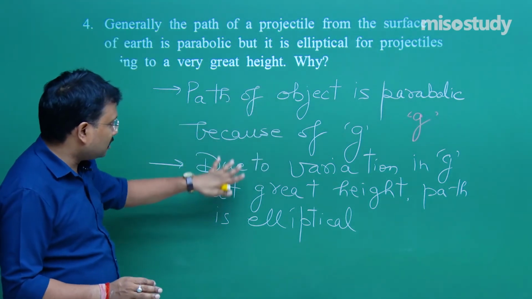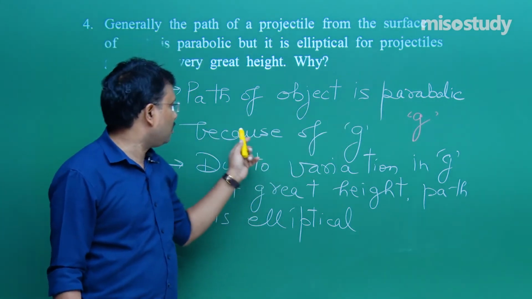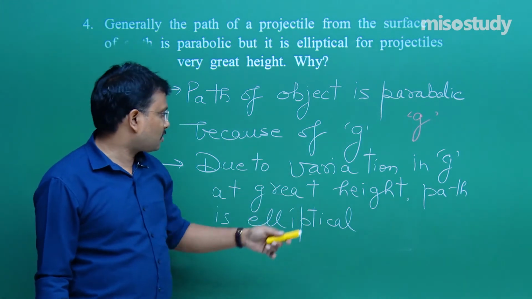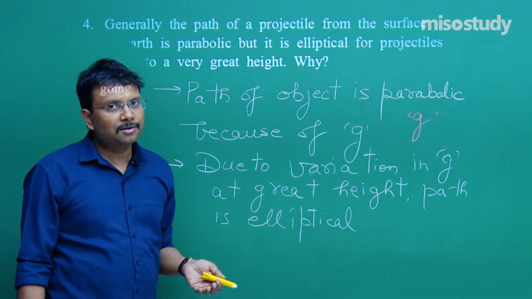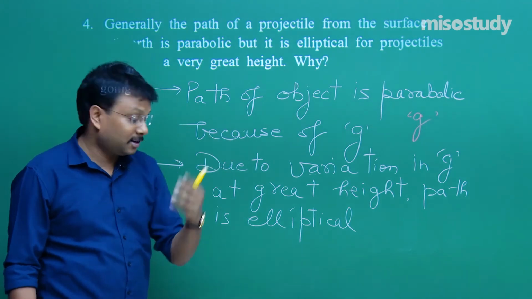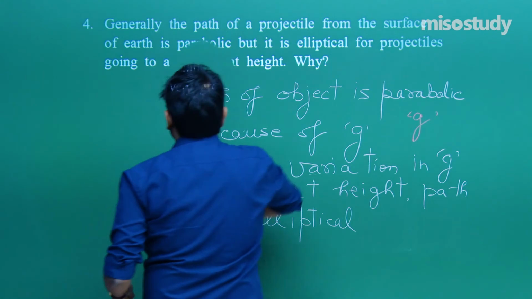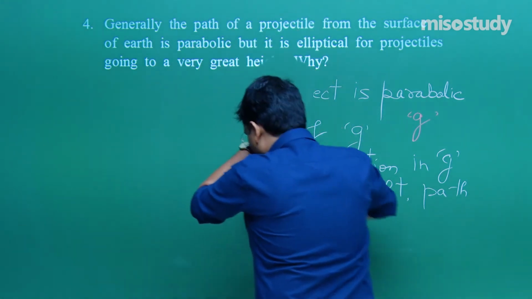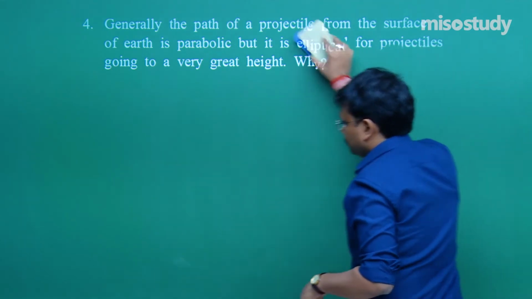So if you write down this much, how many words are there? 1, 2, 3, 4, 5, 6, 7, 8. 8 to 10 words, 2 full marks. That's it. Fine. So this was question number 4 for this category of 2 marks.